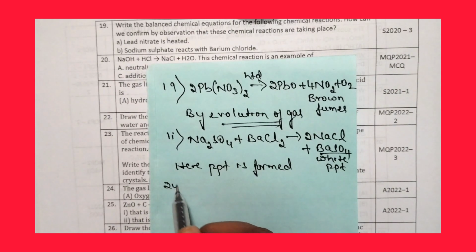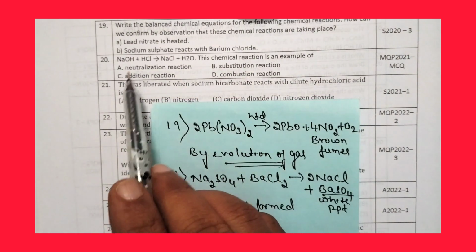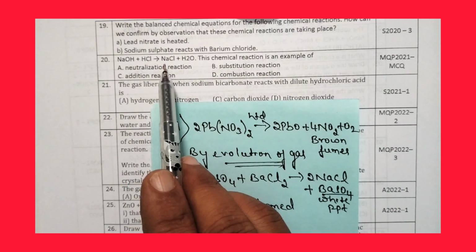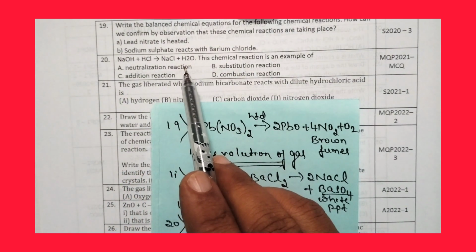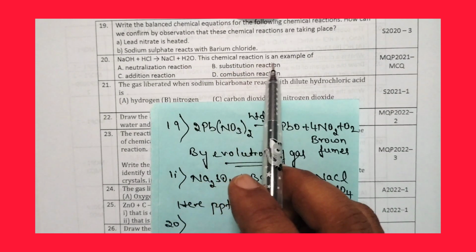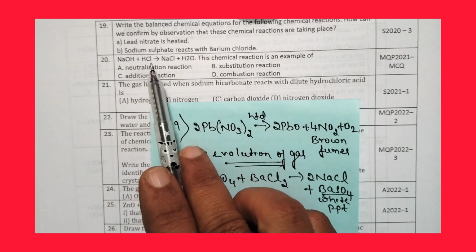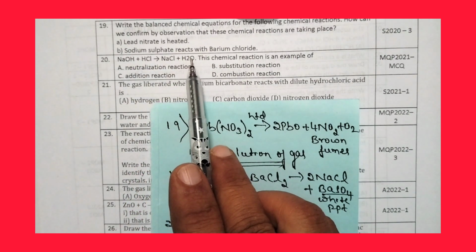Now let us move to the 20th question. That is NaOH plus HCl gives rise to NaCl plus H2O. This chemical reaction is an example of dash. This is base, this is acid, this is salt, this is water.